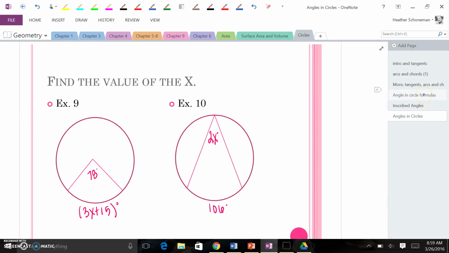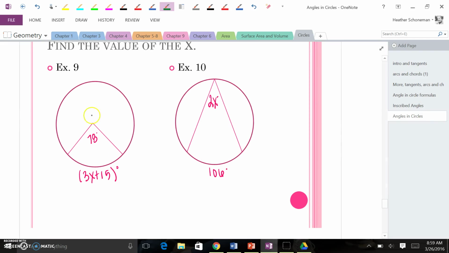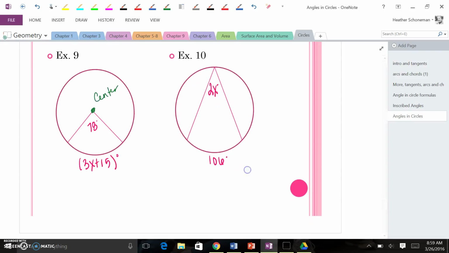Okay, example 9. This is not labeled really well, but the vertex is right here, and this should be the center. Okay, it's going to be obvious to you in your homework if there's information that lets you know that. So when it's on the center, the angle, which is always closest to the vertex, is 78 equals, well, it's on the center, it equals the arc. Well, here's the arc, so it equals 3x plus 15.